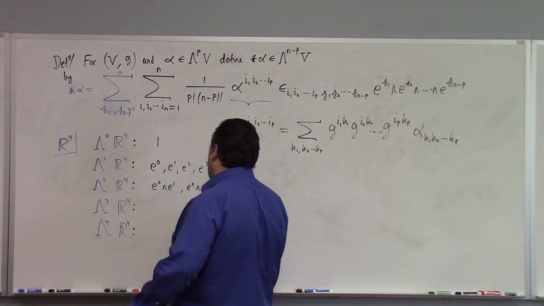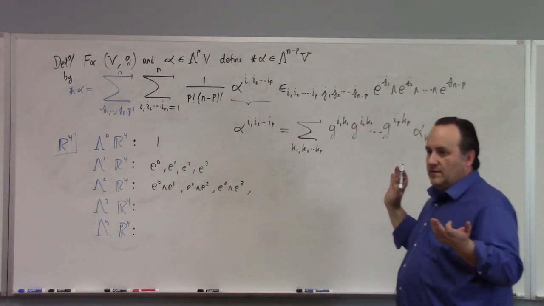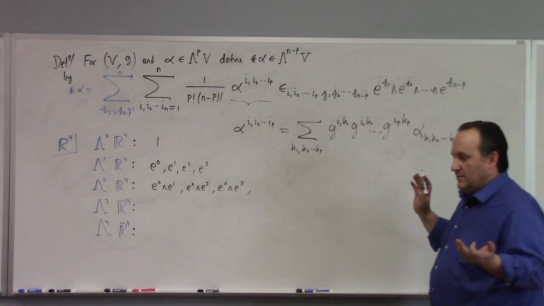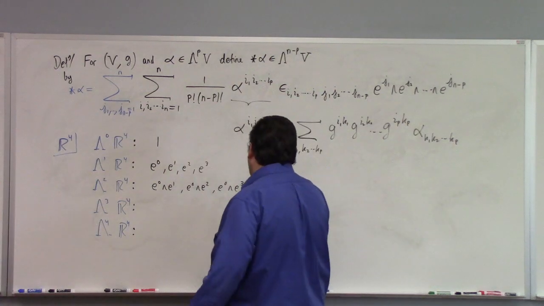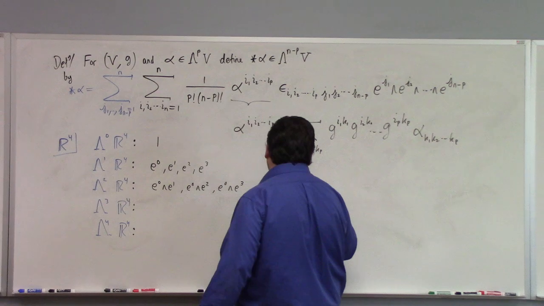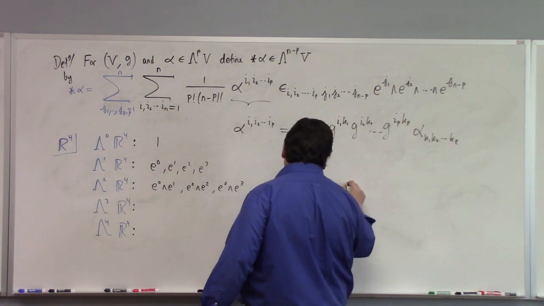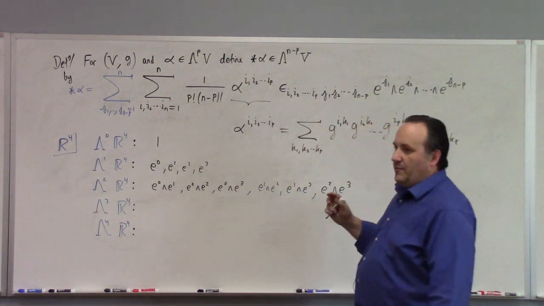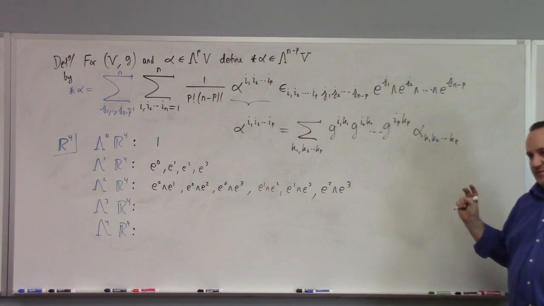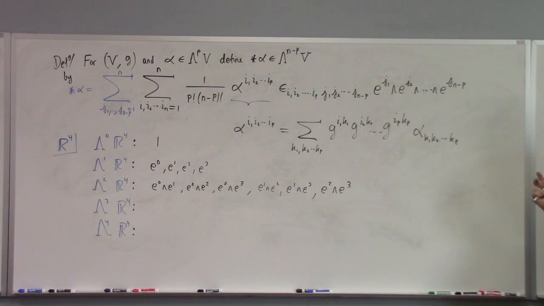Those are new. But we also have what we had before in R3: e1 wedge e2, e1 wedge e3, e2 wedge e3. I'm probably going to use e3 wedge e1 if I want the formulas to work out nicely like they did last class.